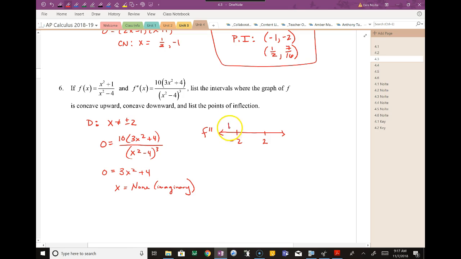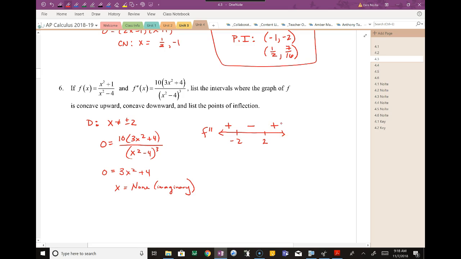So I get a positive over a positive. For a value between -2 and 2, 0 sounds pretty great. If I plug 0 in, I get a positive on the top, but a negative on the bottom. For interval number 3, if we plug 3 in, we're going to get a positive.